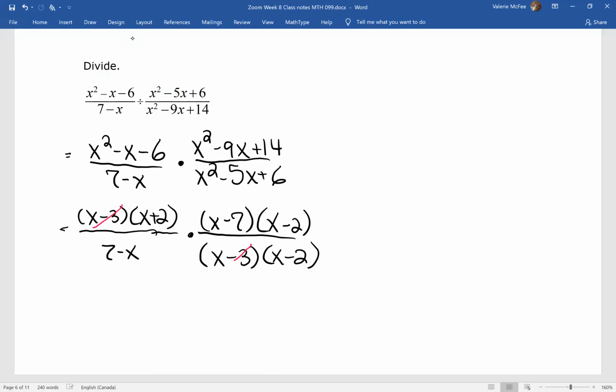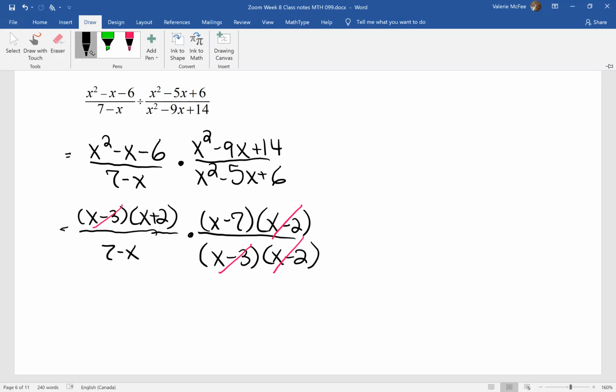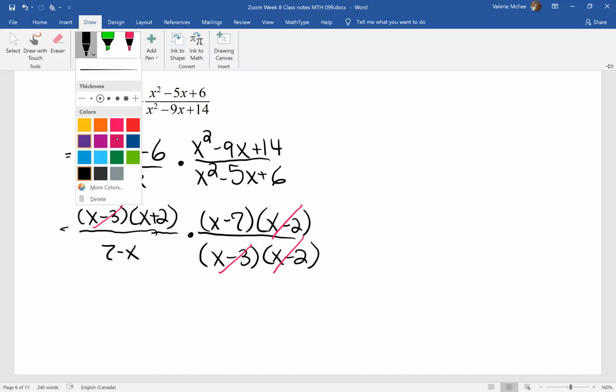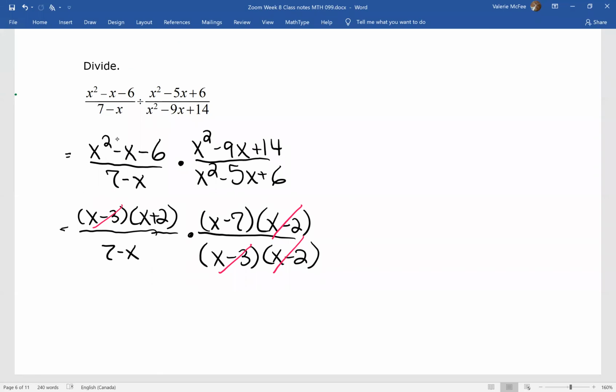X minus 3 is a common factor. X minus 2 is a common factor. And notice, 7 is positive, 7 is negative, x is negative, x is positive. These are opposite factors.